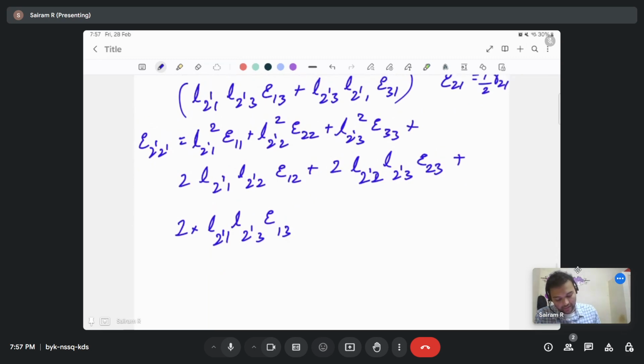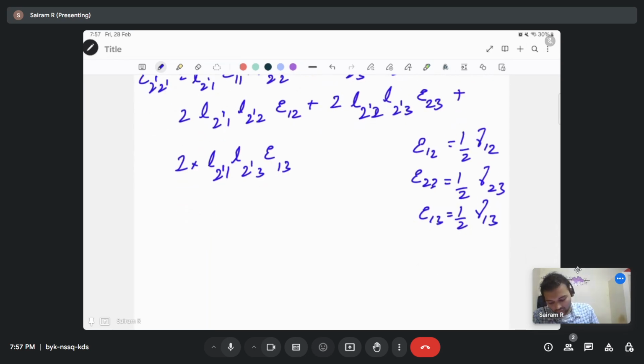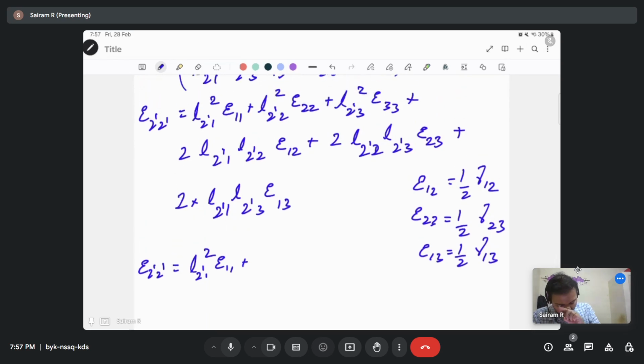Now we replace epsilon 12 equals 1 by 2 gamma 12, epsilon 23 equals 1 by 2 gamma 23, and epsilon 13 equals 1 by 2 gamma 13.